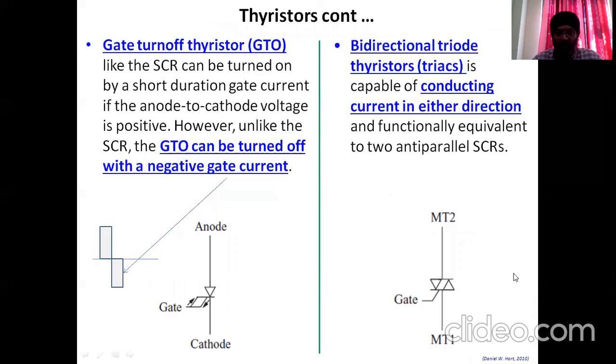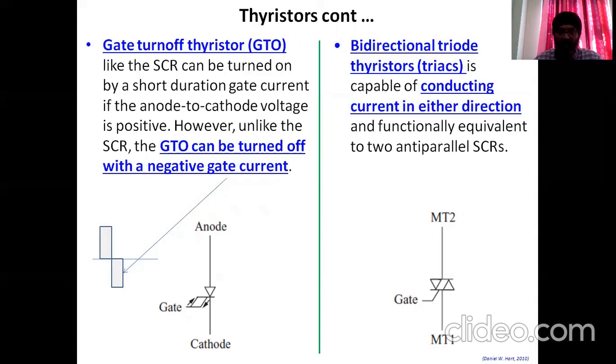Now, other members of the thyristor family: gate turn off thyristor. In this case, this is the gate pulse over here for triggering the SCR into conduction. And this is the negative gate pulse to turn off the SCR. So here we don't need any external circuit for forced commutation.